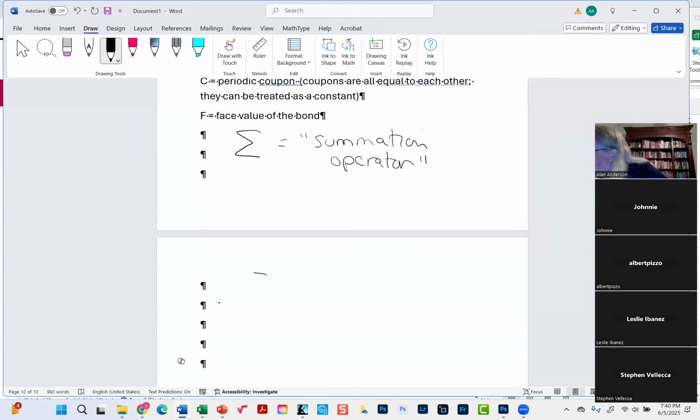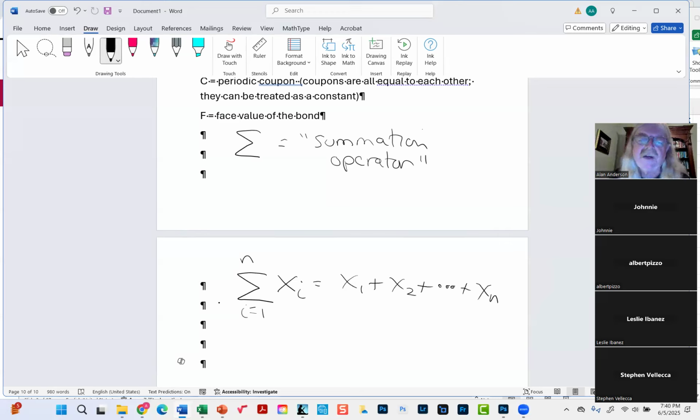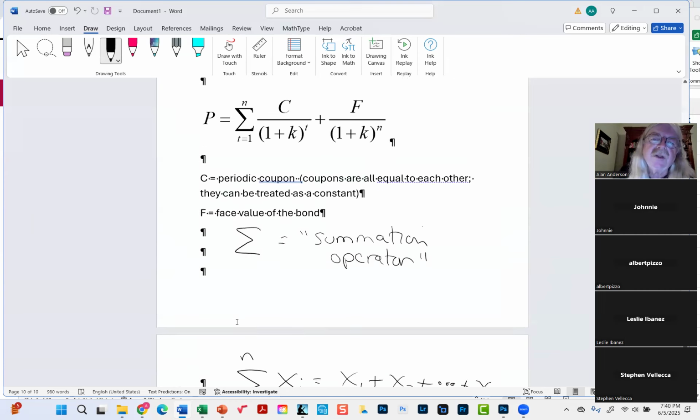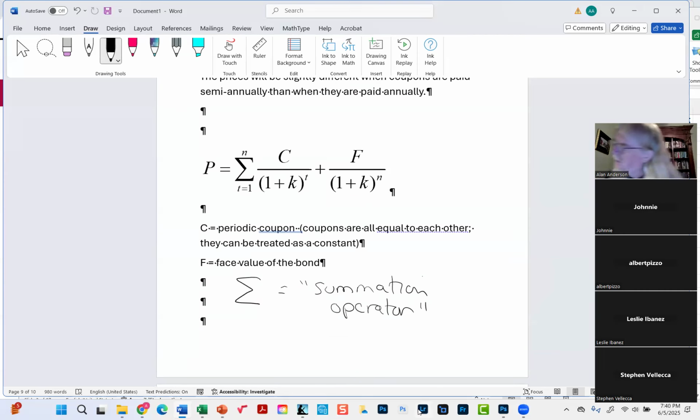For example, you might see something like this, with some variable indexed by i. It's a very compact way of telling us to add up a series of variables whose indices, in this case, range from 1 to n. And oh, by the way, K is the bond yield to maturity.